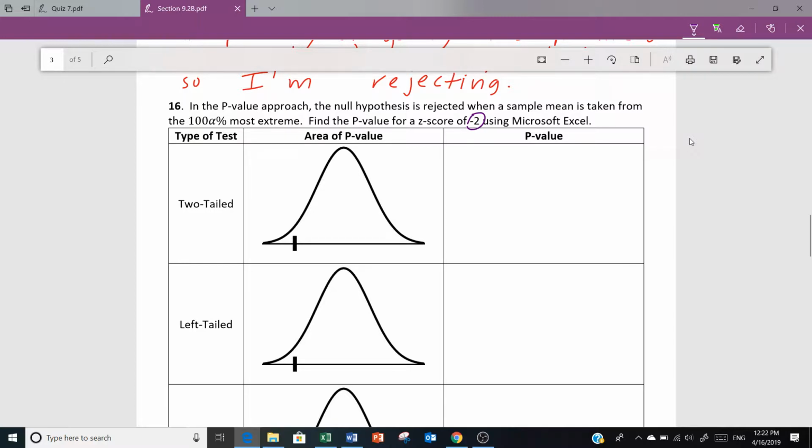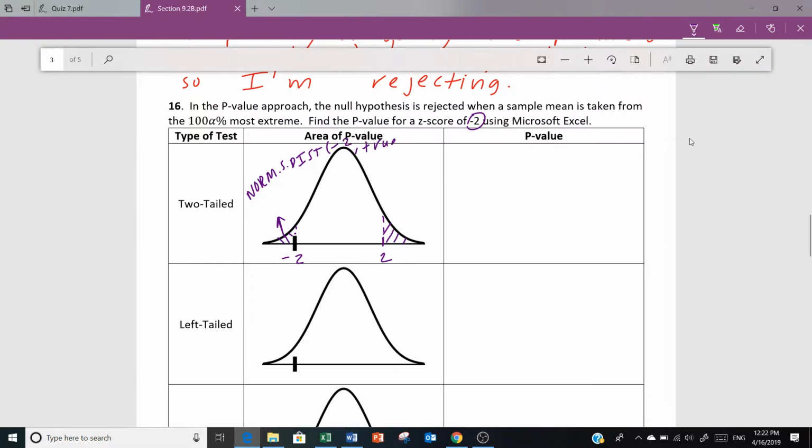Now, let's officially calculate this. The -2 goes over here, and then the +2 goes over here. How do we officially find these areas using Excel? NORM.S.DIST of the z-value, which is -2, TRUE.